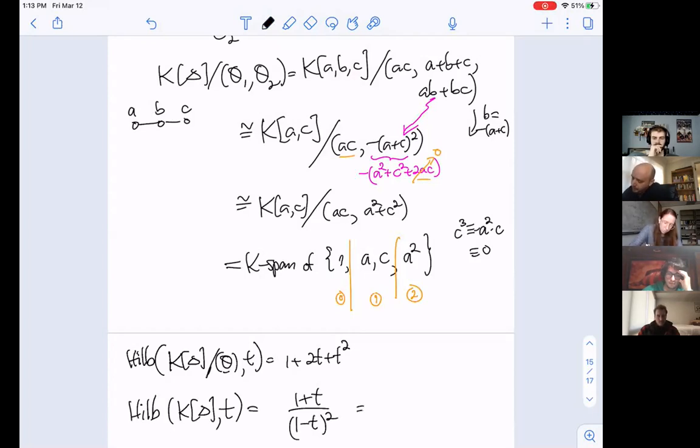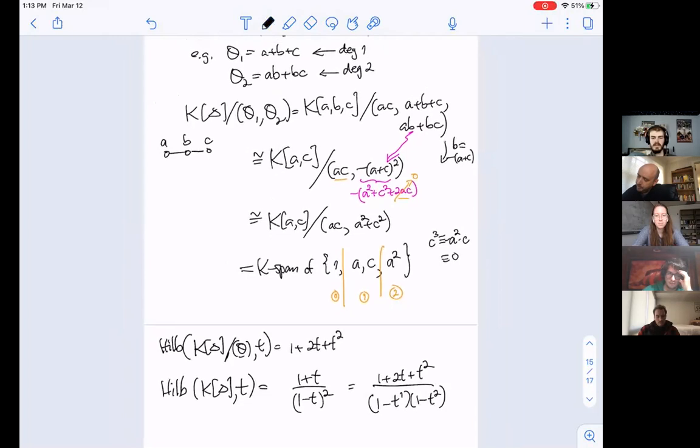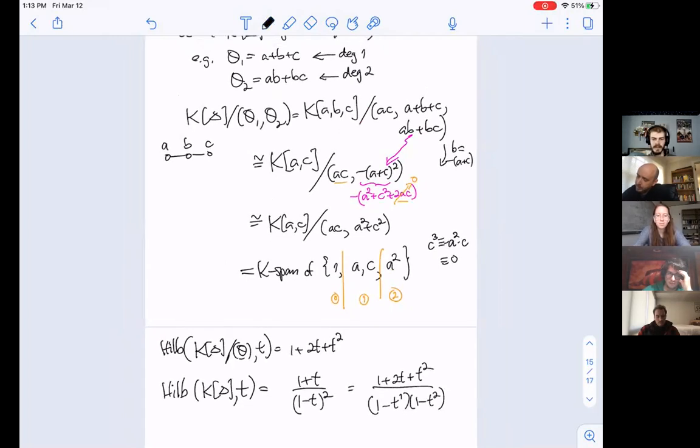But the point is, this is what we would have gotten if we had written it with the appropriate degrees here. So let me emphasize, these 2 are these 2.